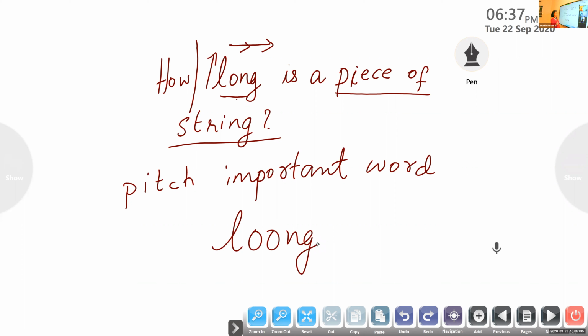If you do this by stretching a word, you don't need much of a break just before it. You can make it faster. How long? The sound will be increased, the word will be emphasized. See the difference? How long is a piece of string? Is a pause, piece. Okay?